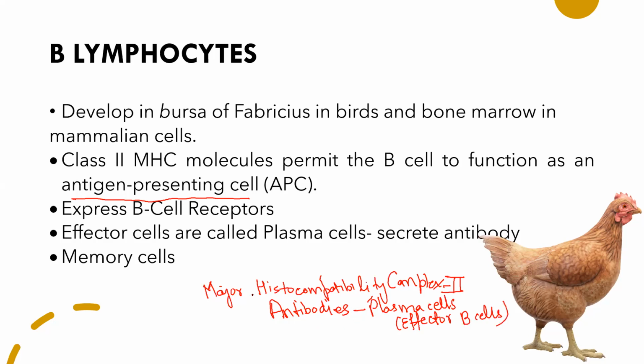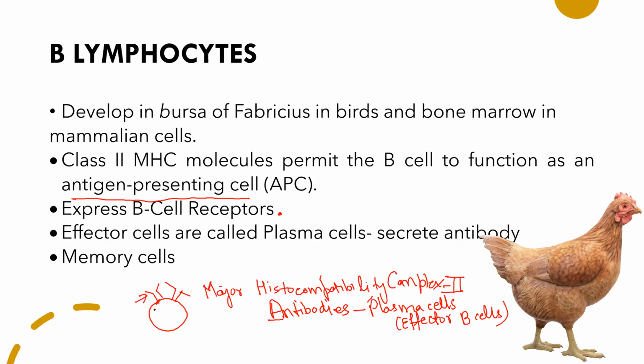B cells can also differentiate into memory cells, which we will be talking about later. But when these B cells are not differentiated, the antibodies are present in the form of B cell receptors attached to the membrane.